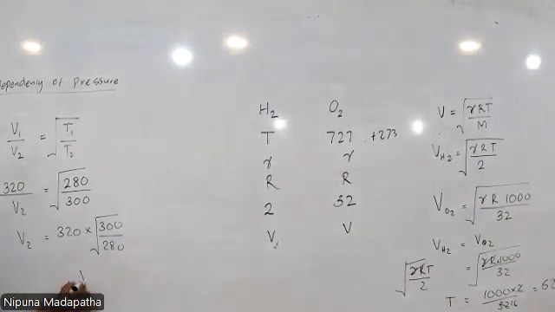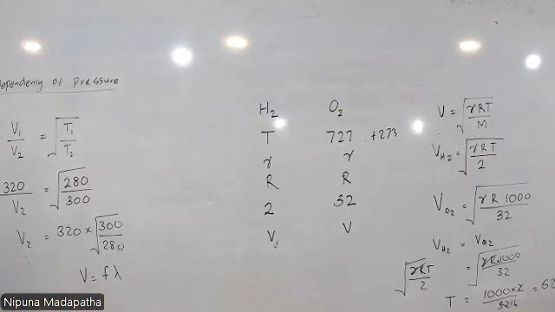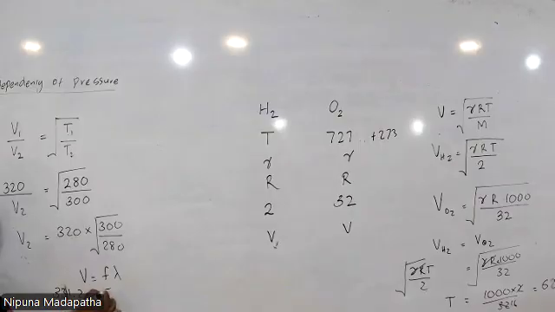So use V equals f lambda. What is the value of V2 here? The V2 value is here, it should be 331.2. The frequency is 512. Wavelength is lambda.